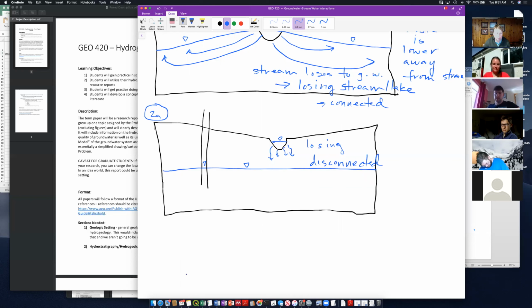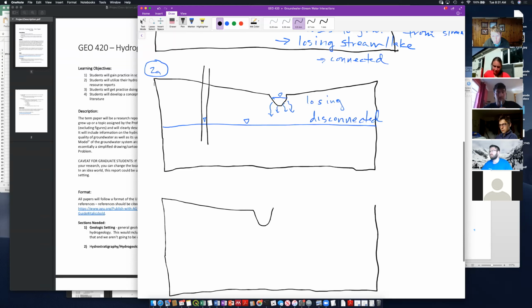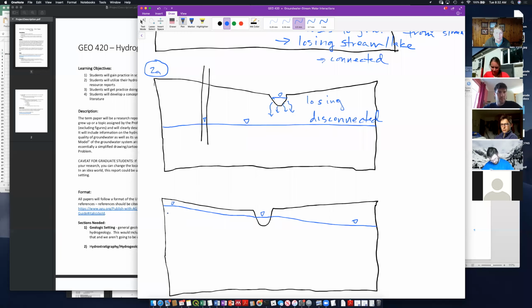Okay, so losing and losing disconnected. There's another type that we generally consider, and that is a situation where the water table is higher on one side of the stream and lower on the other.